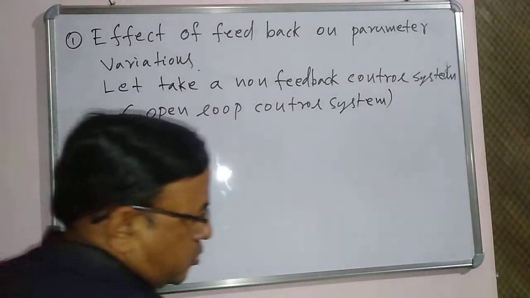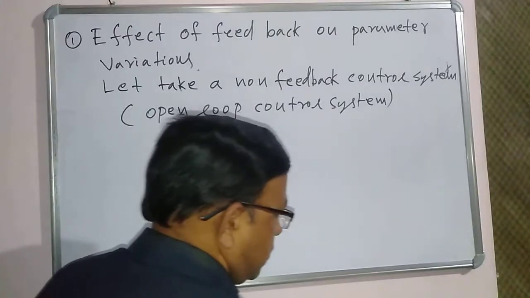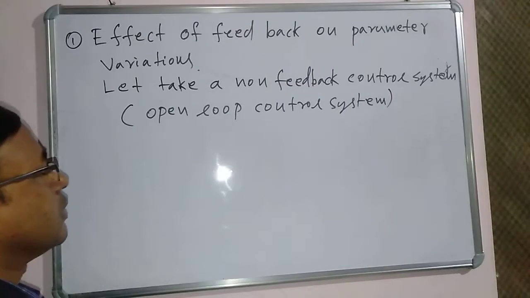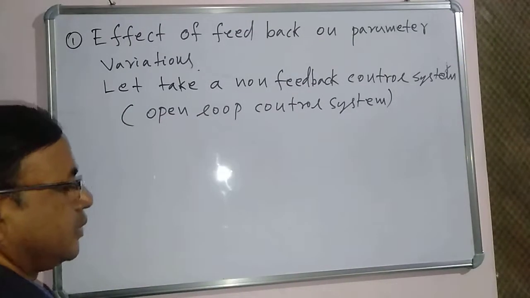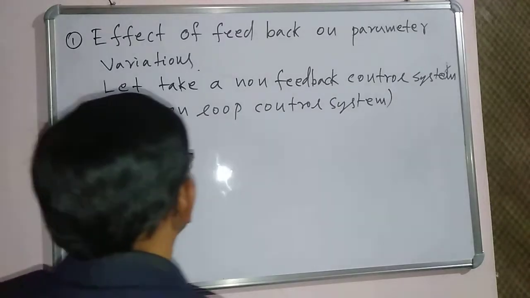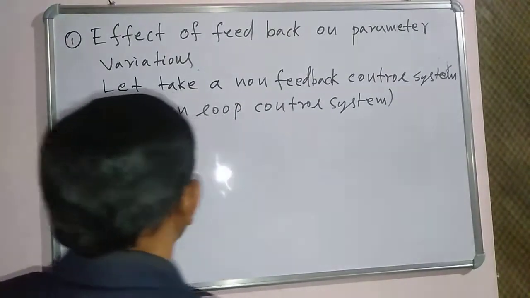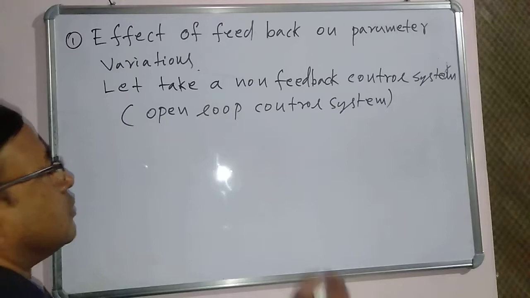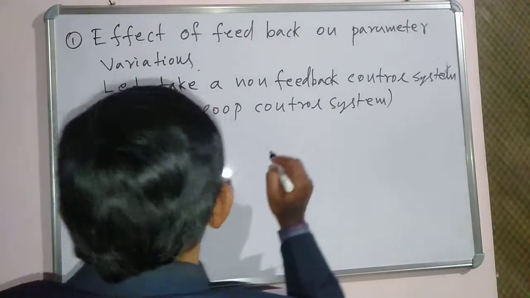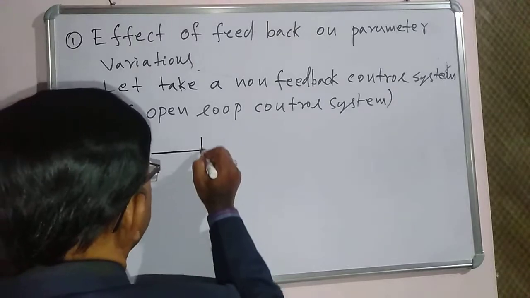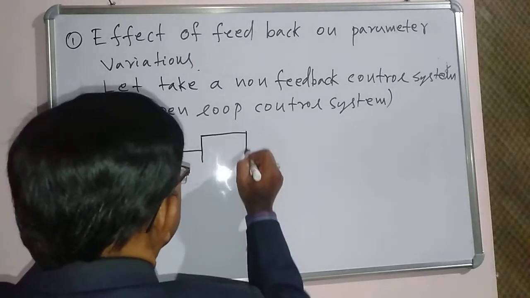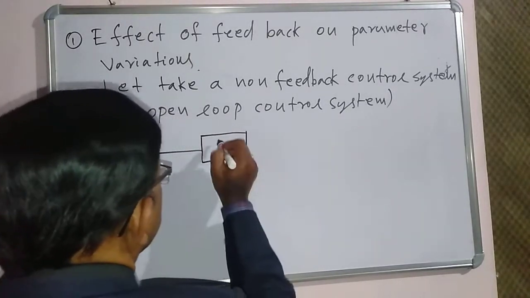There are many types of open loop control systems. Already I have discussed in my previous lecture, for example the automobile driving system, iron, fan regulator, etc. So let us take the block diagram representation of this open loop control system.